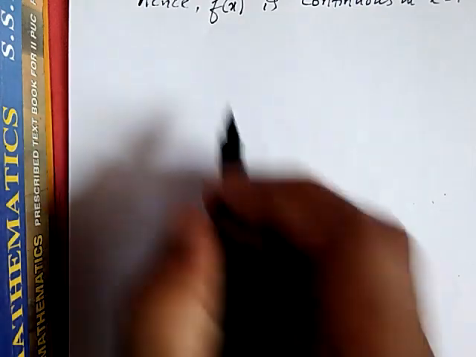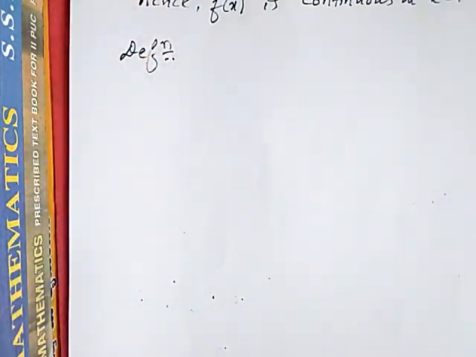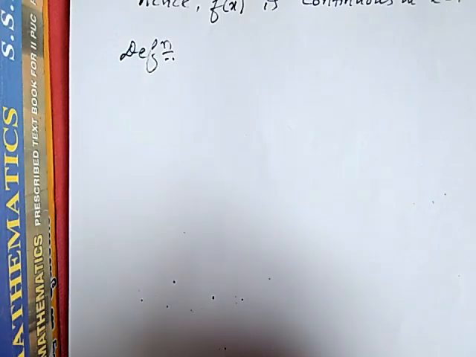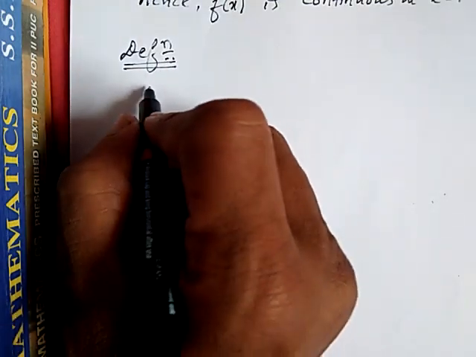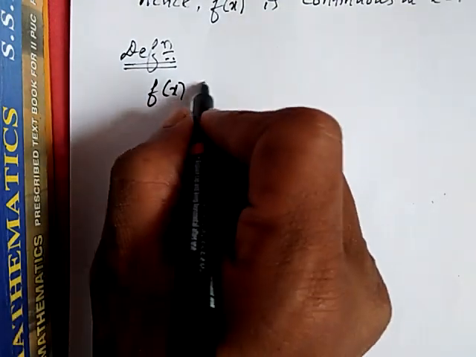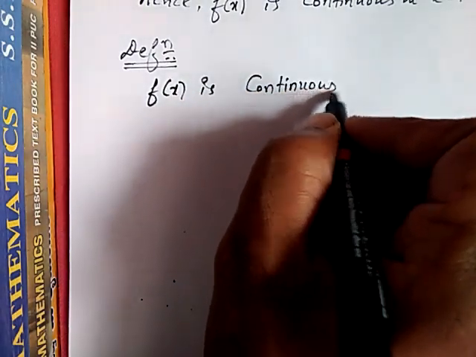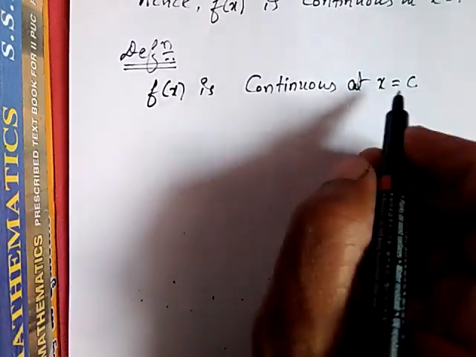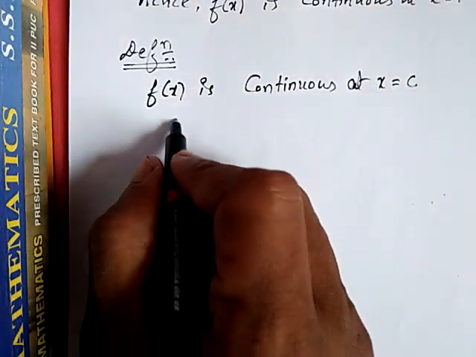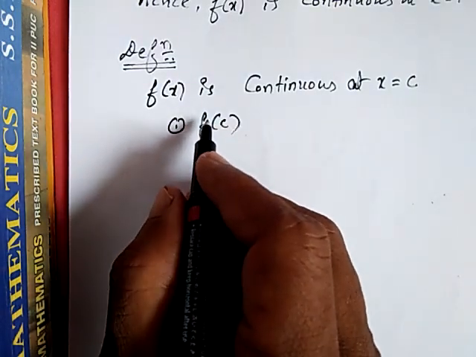So that here I can tell the definition. What is the definition of the continuity? You can say the definition of the continuity like this: f of x is continuous at some x is equal to c point, or you can take a also. Okay, I will take c here. First condition, you need to find f of c, like f of 1 we found.